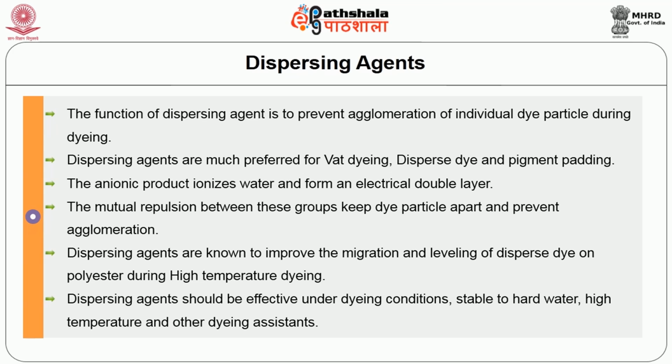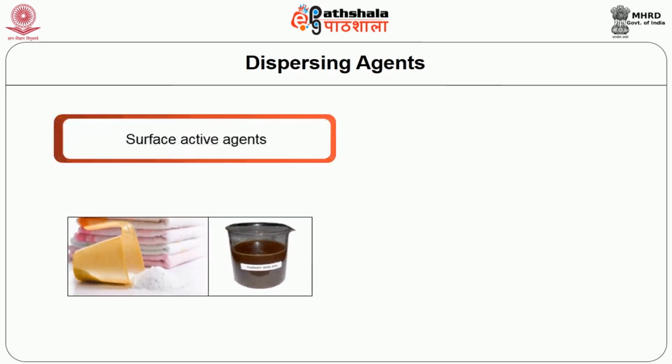The mutual repulsion between these groups keeps dye particles apart and prevents agglomeration. Dispersing agents are known to improve the migration and leveling of dispersed dye on polyester during high temperature dyeing. Dispersing agents should be effective under dyeing conditions, and stable to hard water, high temperature, and other dyeing assistants.